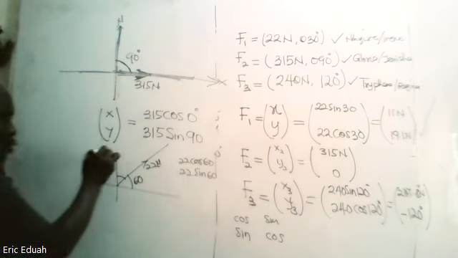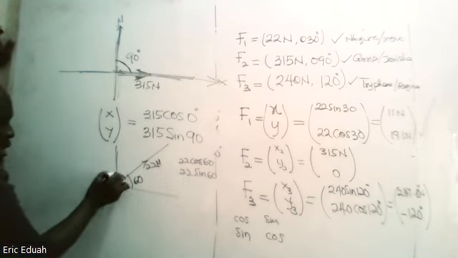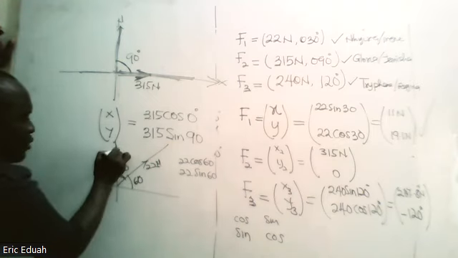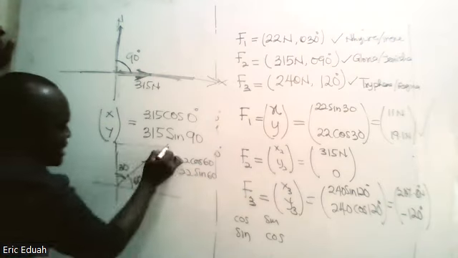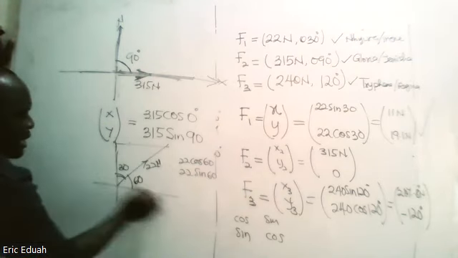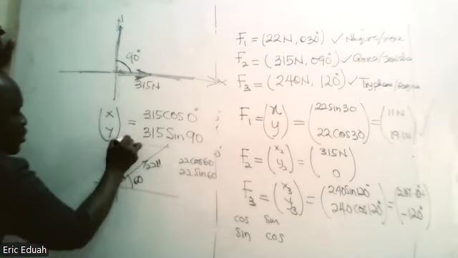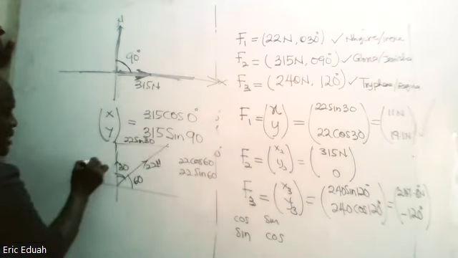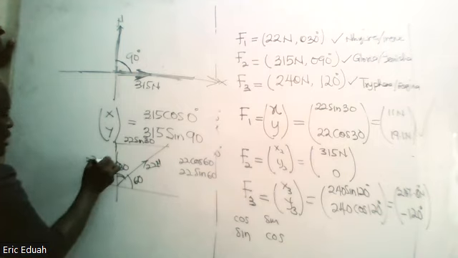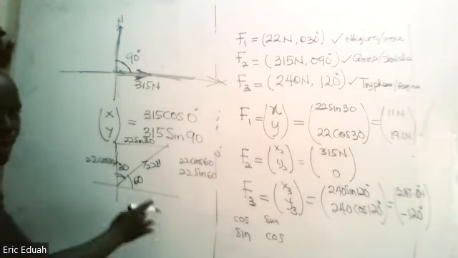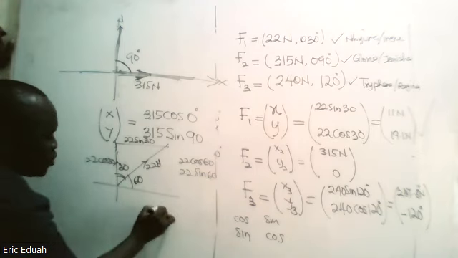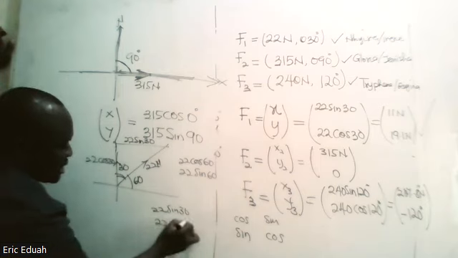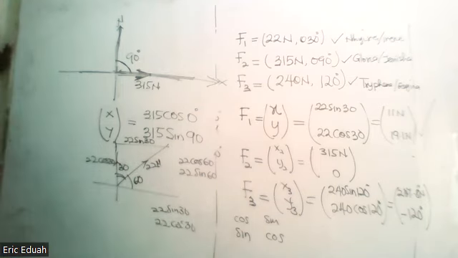Now, when we're looking at the angle it makes with the y-axis, 30, we came to the realization that this part, because it falls along the x-axis, is 22 sine 30, and this part is 22 cos 30, and so our components became 22 sine 30, 22 cos 30, and the value was the same.